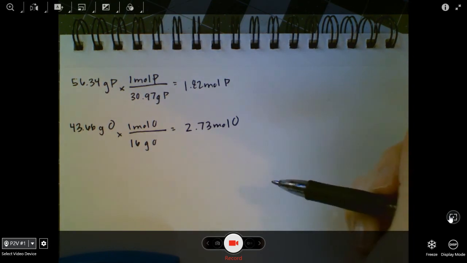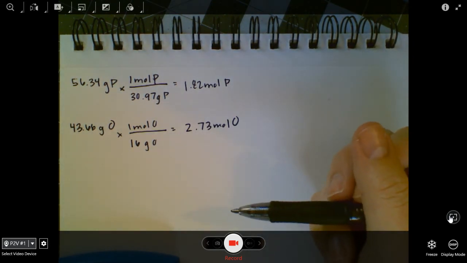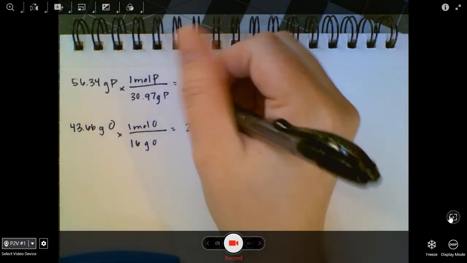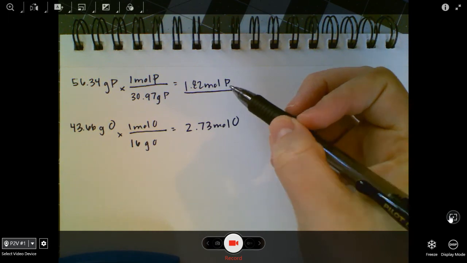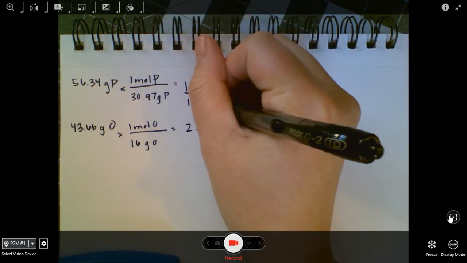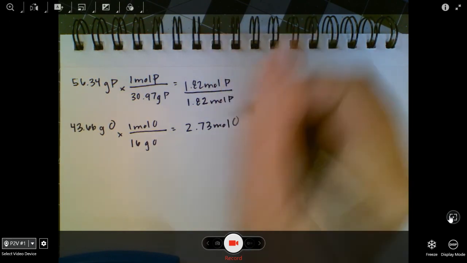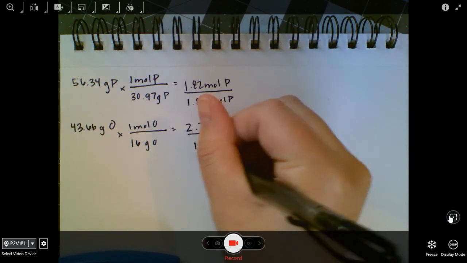No. What you have to do now is find the smallest number and then divide each of the numbers of moles by that smallest number. The reason I do that is because in this case, 1.8 moles of phosphorus is my smallest amount. What I'm saying is that for every 1 mole of phosphorus, I'll have so many moles of oxygen in my ratio.